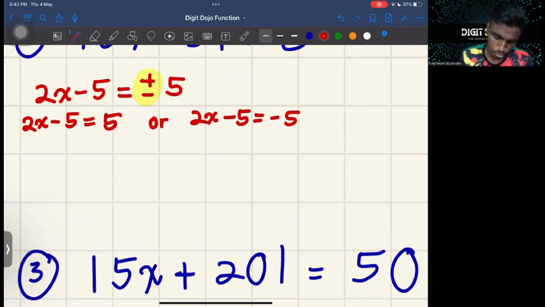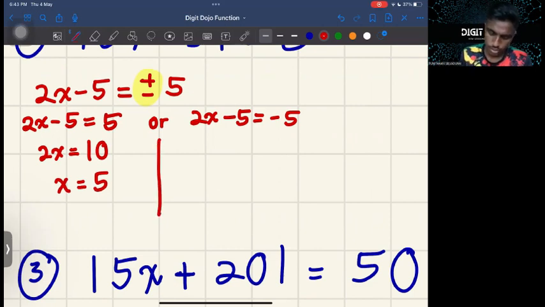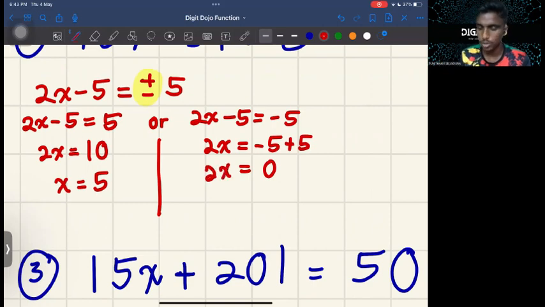In the first one, you will be getting 2x equals to 5 plus 5, 10, and your x will be 5. And on this side, 2x equals to -5 plus 5 is 0, so 2x equals to 0 and your x will be 0.